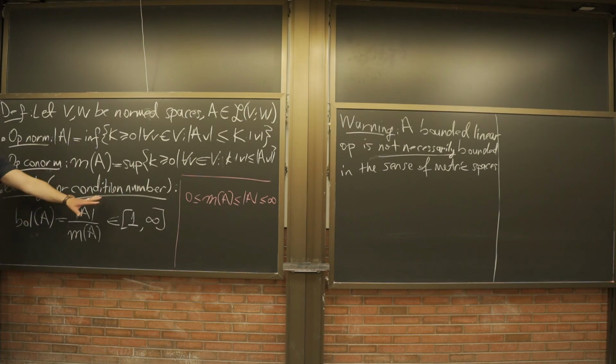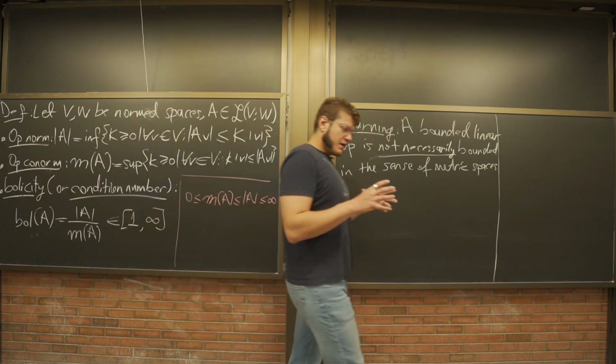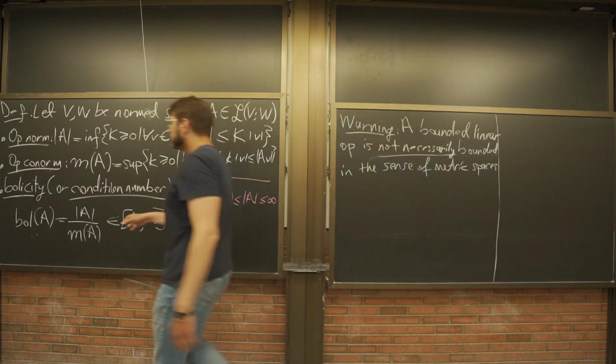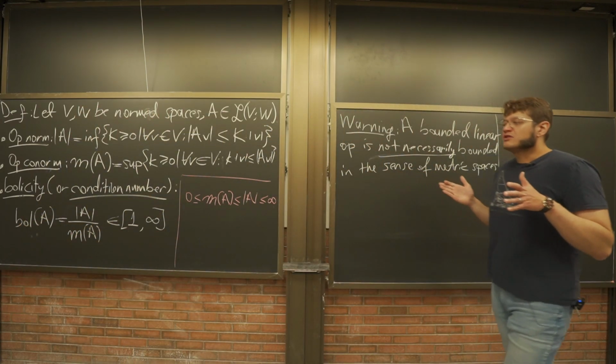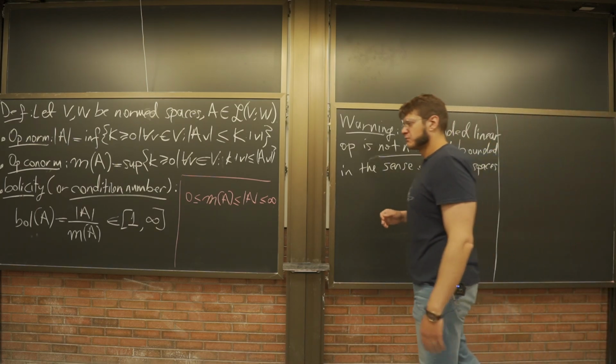Somehow, the condition number does tell you whether or not those errors can be managed. Ultimately, what you want is that this condition number is as small as possible. If possible, you want it to be actually 1.